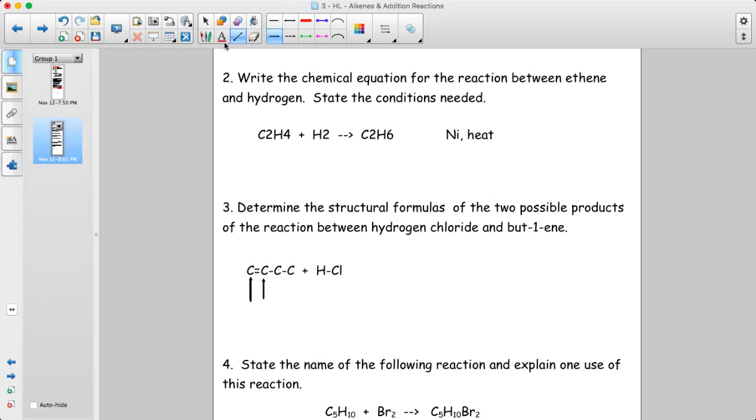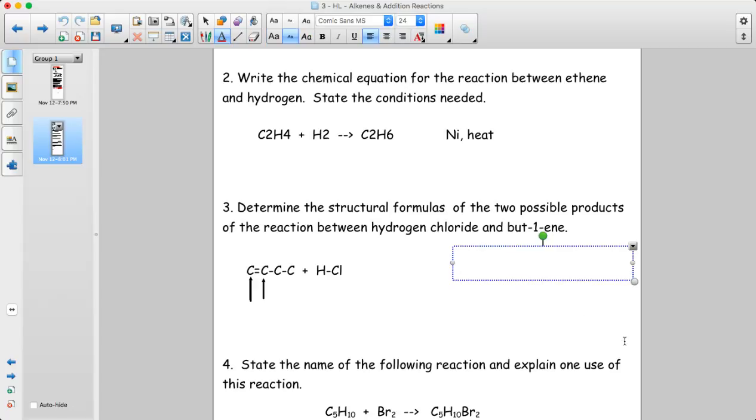So your 2 products by name are either going to be 1-chloro or 2-chlorobutane in the end. I'm not going to draw them because it's hard to draw with this trackpad, but we'll review these in class. These are the types of questions that you get asked.